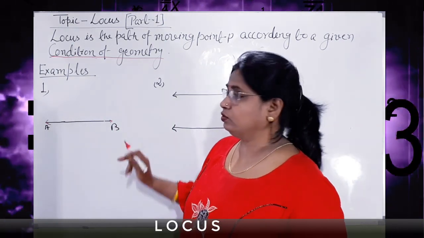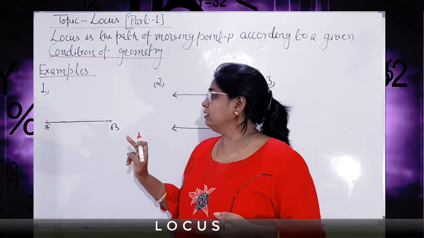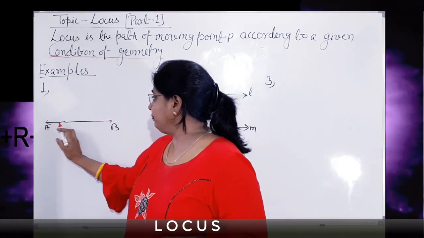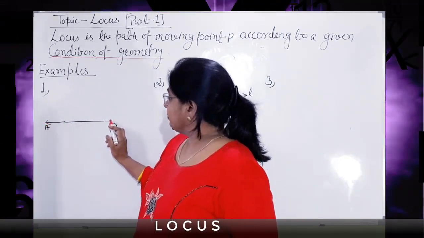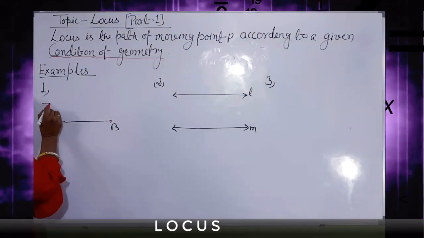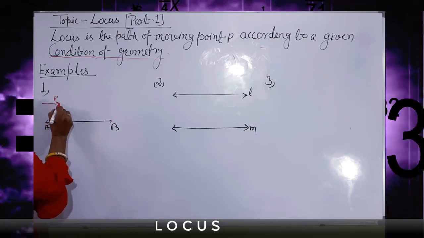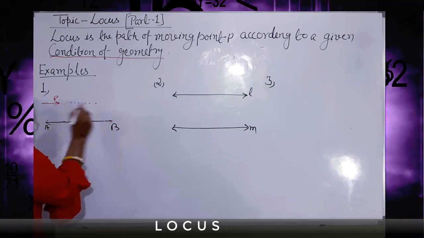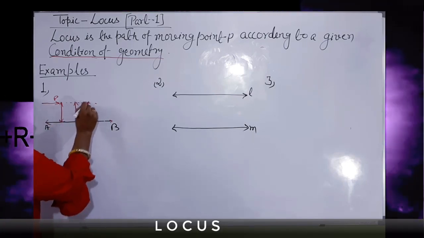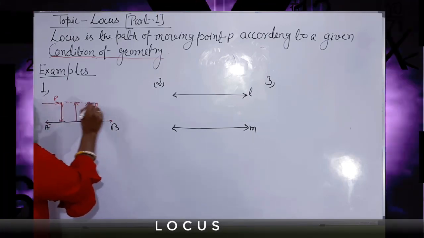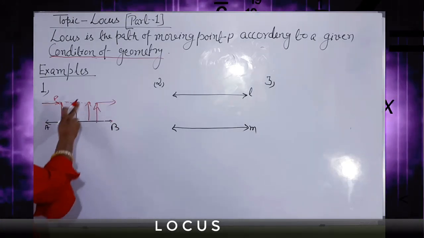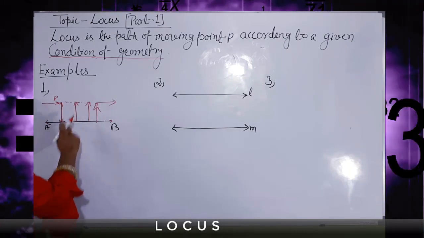That means we have to draw the locus of the point P equidistant from each and every point of AB. It is like this. The locus of the movement of point P is such that each and every point is equidistant from AB. Locus of point P is possible above the line AB and below also.